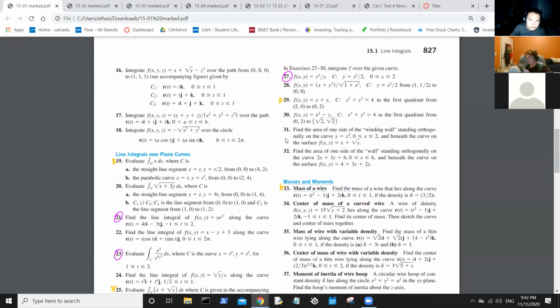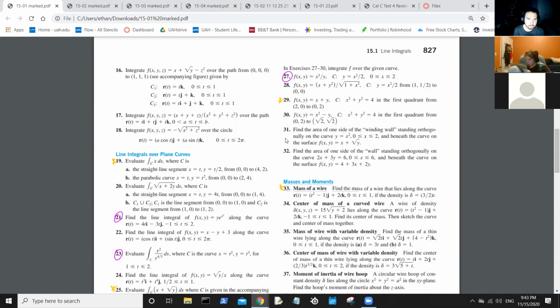So 27, integrate f over a curve. Given some x, y function, it's a relatively simple function. Your curve is y equal to x squared over 2, with your bounds being 0 to 2. That's funny, 28 has the same curve.